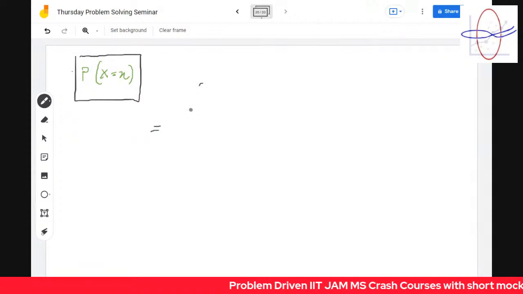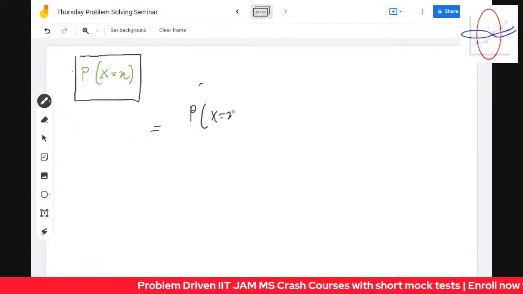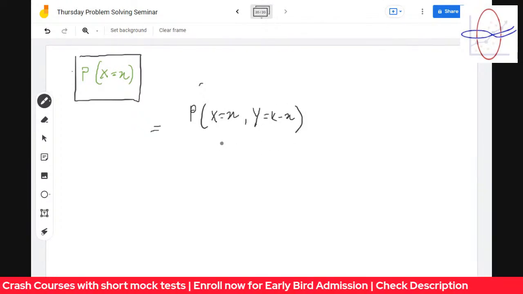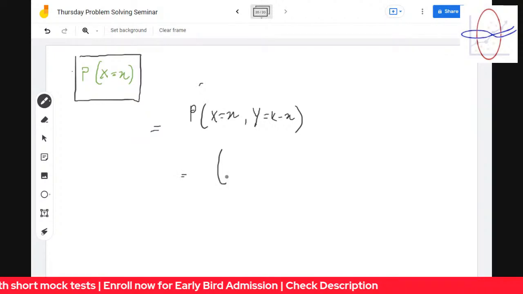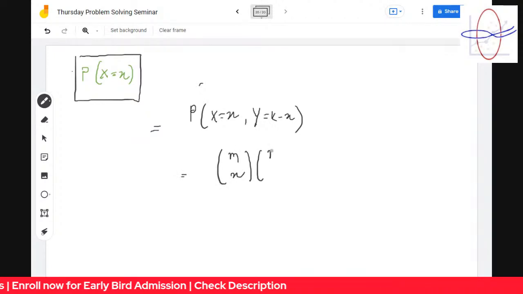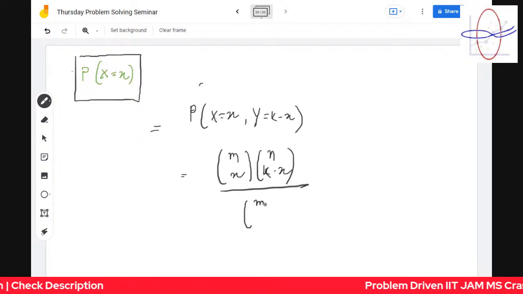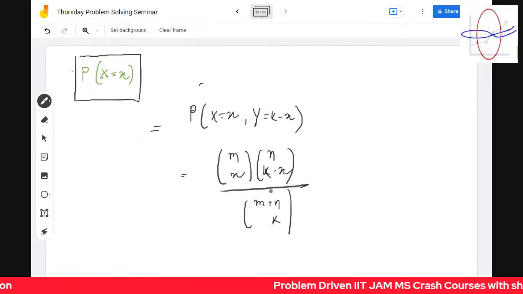It is the same as the probability of selecting X women and K minus X men in the committee. So it is the same as M choose X times N choose K minus X, divided by M plus N choose K. So this was the next step.